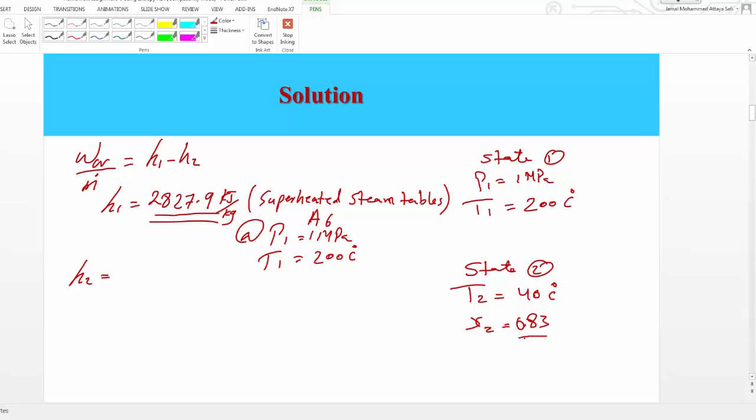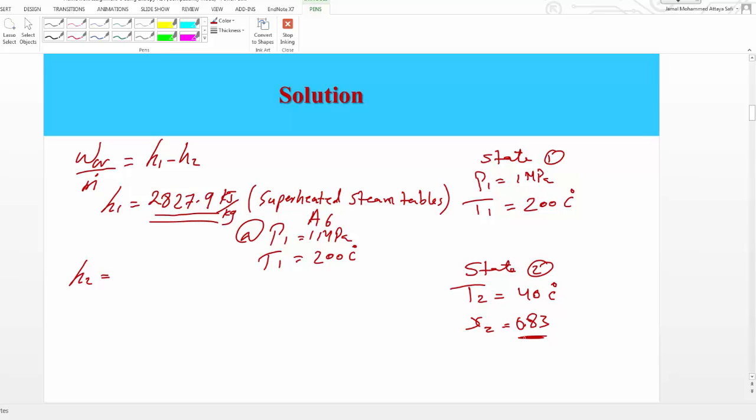Since X is given here, it means we are under the dome. I'm going to draw it at the end. Sometimes I like to draw it at the start, but for this problem, because it's quite straightforward, I will draw it at the end, and you can see the two states.